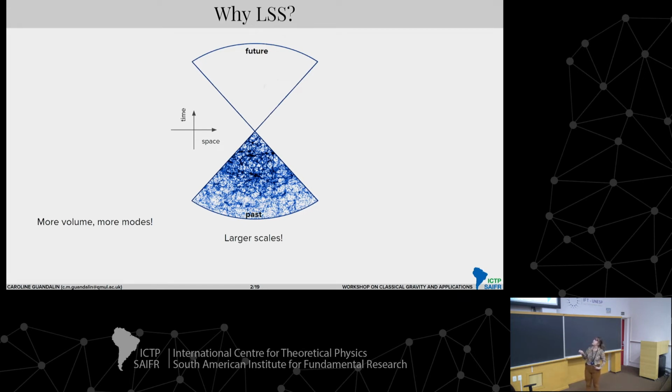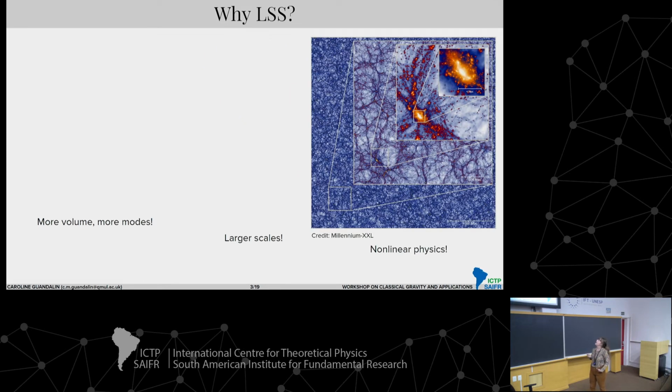This will put imprints on these larger scales, and it is very necessary to model these things if we want to properly understand theoretically what's happening with the dark matter distribution at the largest scales.